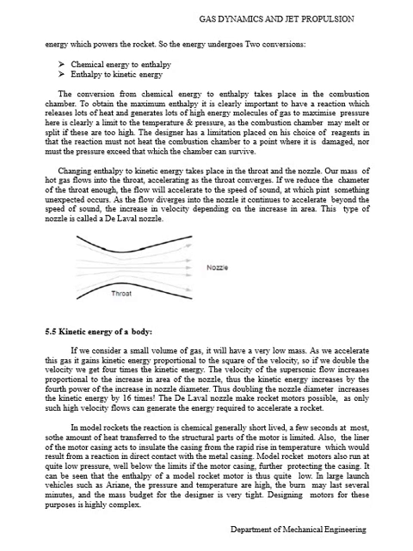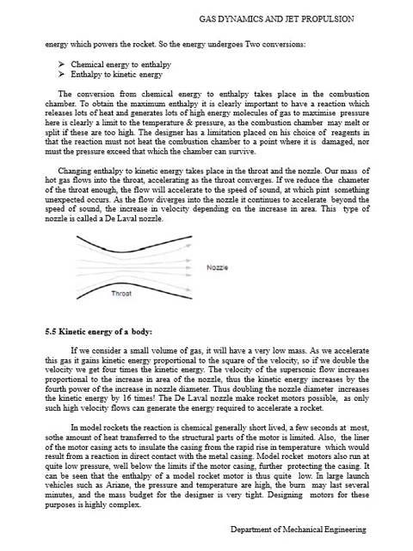The conversion from chemical energy to enthalpy takes place in the combustion chamber. To obtain the maximum enthalpy, it is clearly important to have a reaction which releases a lot of heat and generates a lot of high energy molecules of gas to maximize pressure. There is clearly a limit to the temperature and the pressure, as the combustion chamber may melt or split if these are too high.